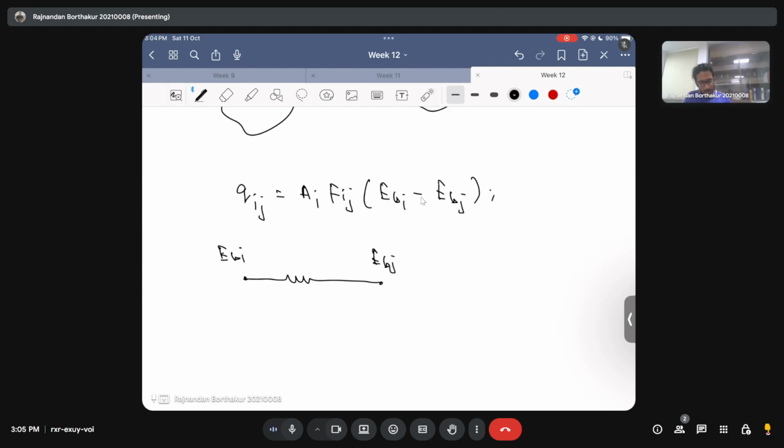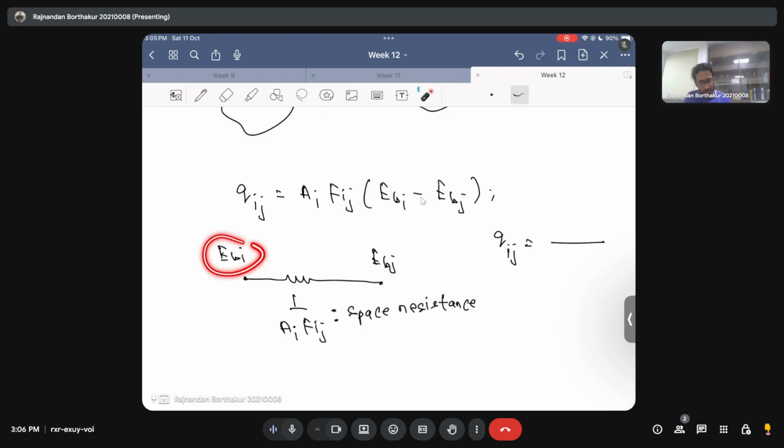And the resistance was basically nothing but the space resistance, which came out to be equal to 1 by AI times Fij, where we call this resistance the space resistance. Okay, so equivalently, we can write the net radiation exchange between the two bodies as the difference between the two voltages. In this case, it came out to be the emissive powers.